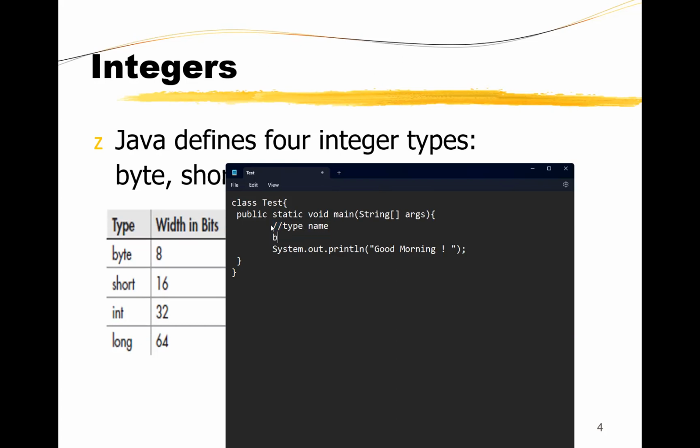Byte is the data type, and the variable name, we're going to name it as num. Byte num. This is what you call declaring a variable. This part we call the variable declaration.